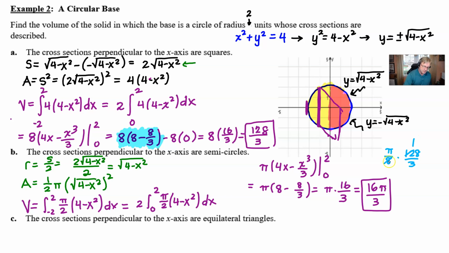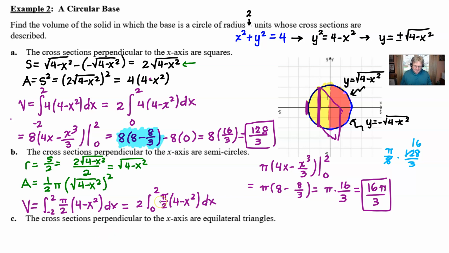With 4 left over, the 8 goes into 48 16 times, and you get 16 pi over 3. So if you saw that coming, you could have just multiplied this by pi over 8 and been fine. Now, if the question wanted to see what is your integral setup going to be, well, then you probably would be better off writing that out. All right. Hopefully that helps.